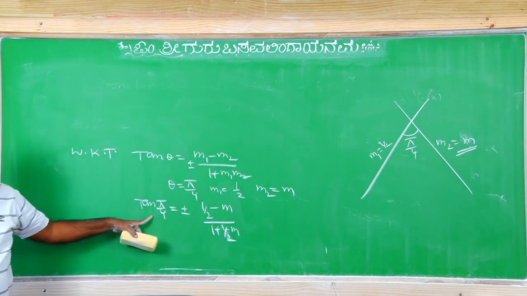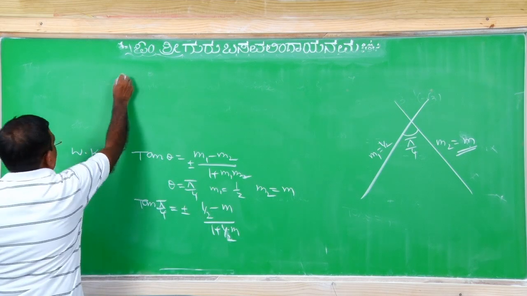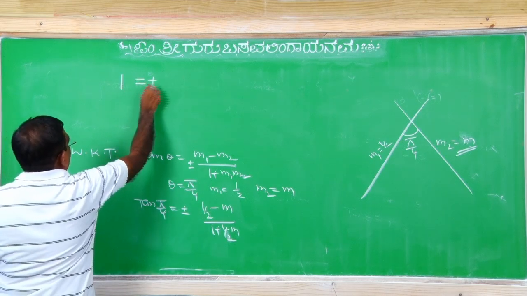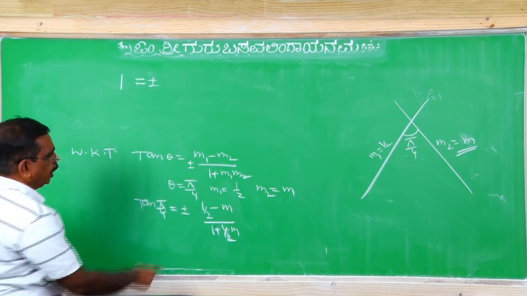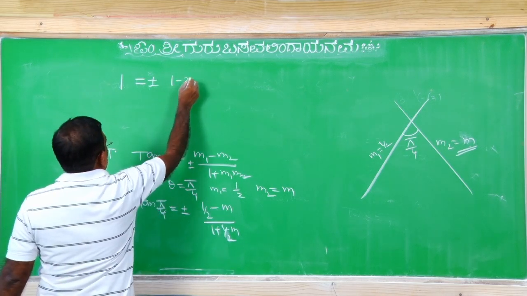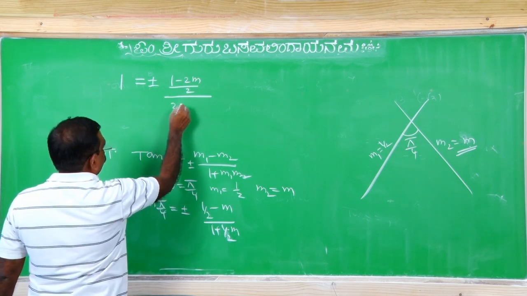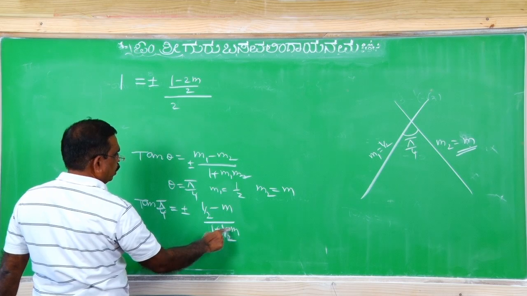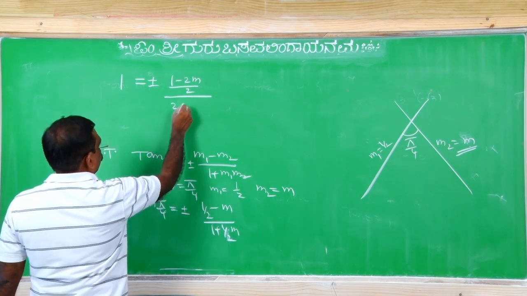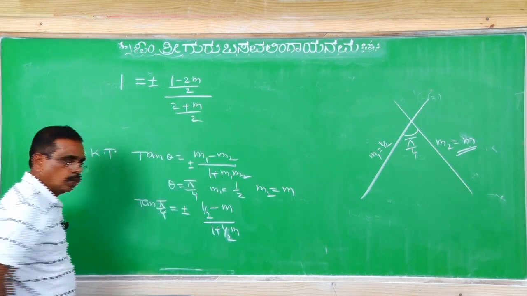What is the value of tan pi by 4? Tan 45 is 1. So 1 is equal to plus or minus. Take LCM. What do you get? (1 minus 2m) by 2, whole divided by (2 plus m) by 2.